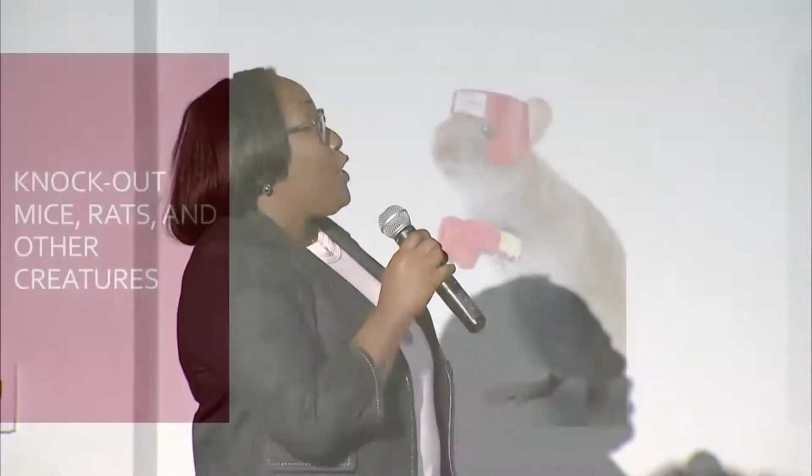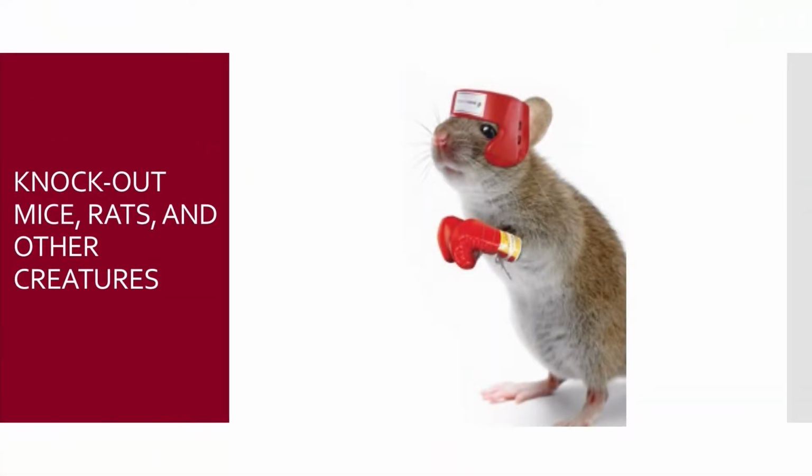But what I want to focus on is how we are using animal research to further what we know about developmental disabilities. I mentioned earlier that with genetics, there are just things we can't do with humans, but with IRB approval, there are things that we can do with mice, rats, and other creatures.